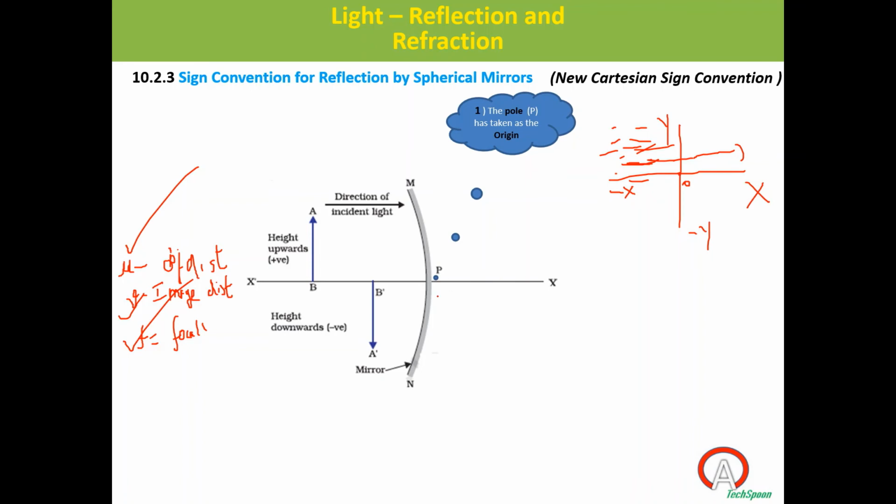Similarly, all measurements taken on the right side of the mirror we will take as positive, and all measurements on the left side of the mirror we will take as negative.